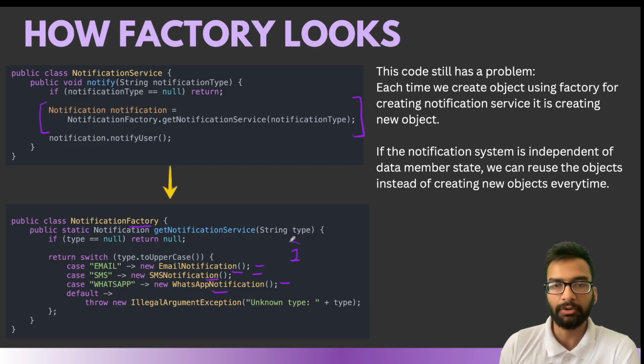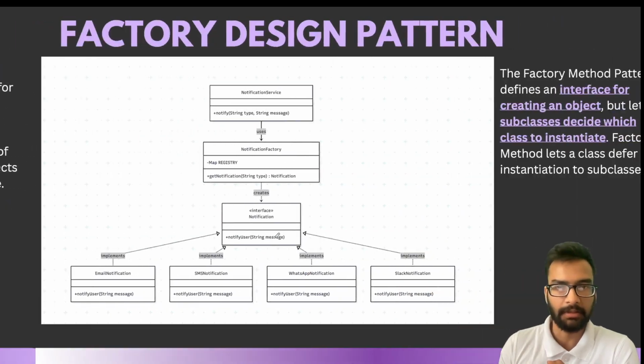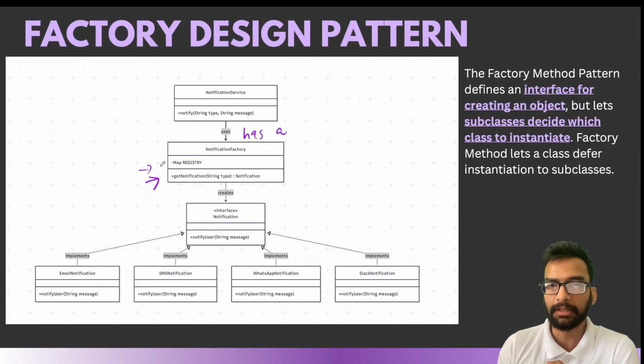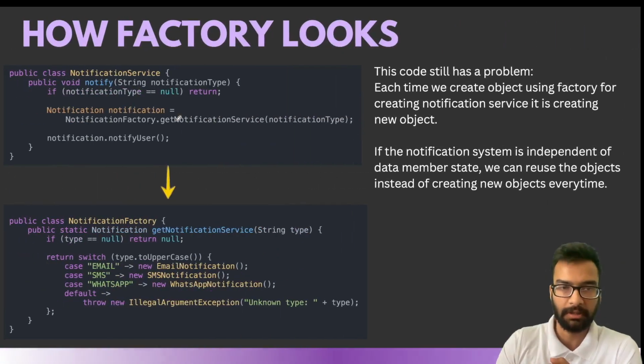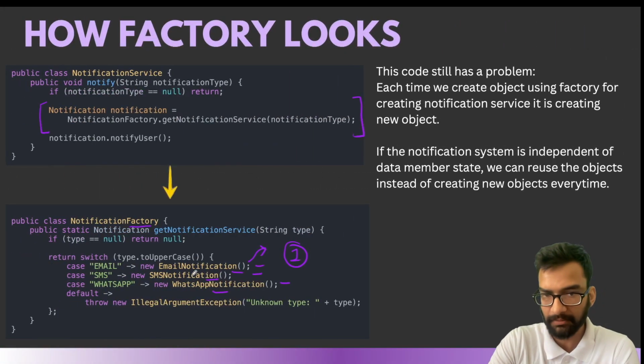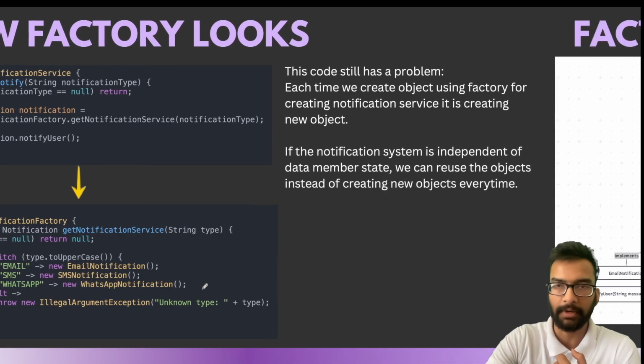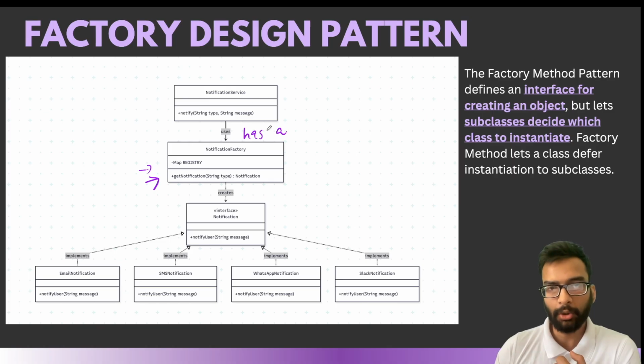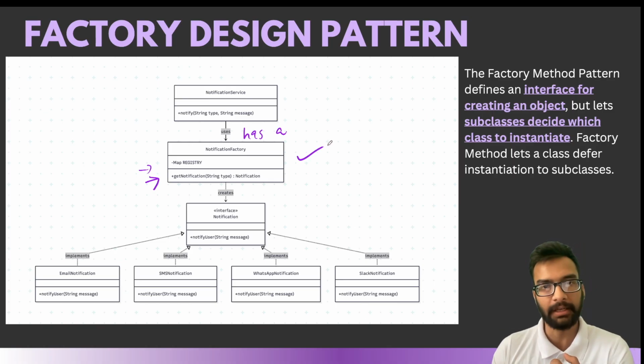If we can solve the purpose with one object, like for each customer we can have just one email notification instance, we can have a singleton object for that as well. So we can have a map registry in that case, and return from the map the type of notification object. We have to create email notification just once, SMS notification just once, instead of creating every time we ask from the factory. So it has a notification factory to whom we delegated the creation of the object.